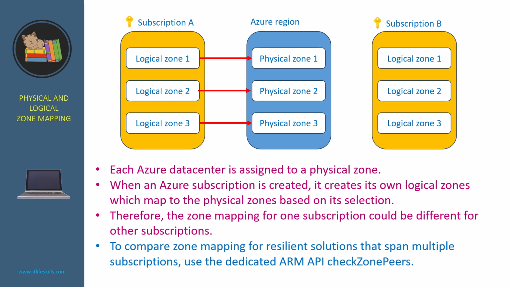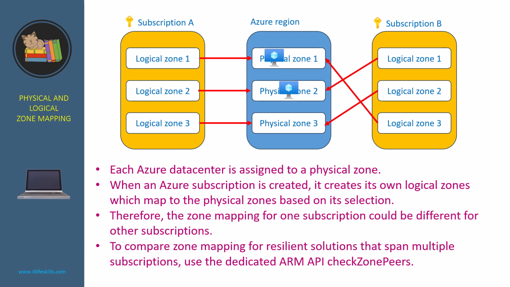However, these logical zones in subscription B are mapped to the physical zones in these orders, which means when you create a new VM in Zone 1, subscription A, it will be created in the physical Zone 1. However, when you create a new VM in Zone 1, subscription B, it will be created in the physical Zone 2.